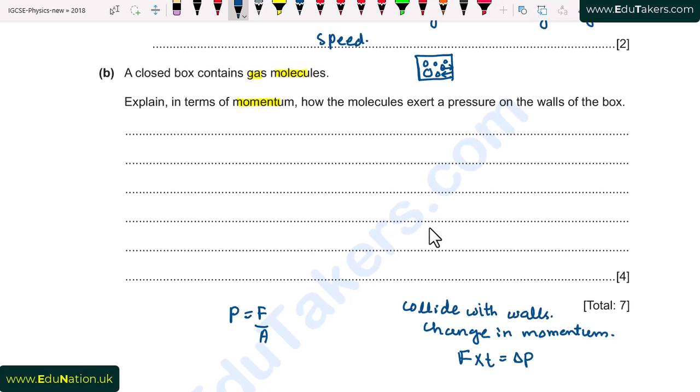So I just write here, molecules collide with the wall of box. Molecules have a change in momentum.